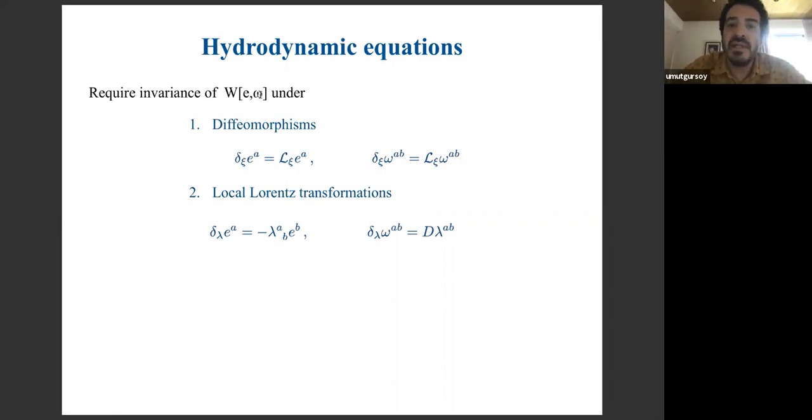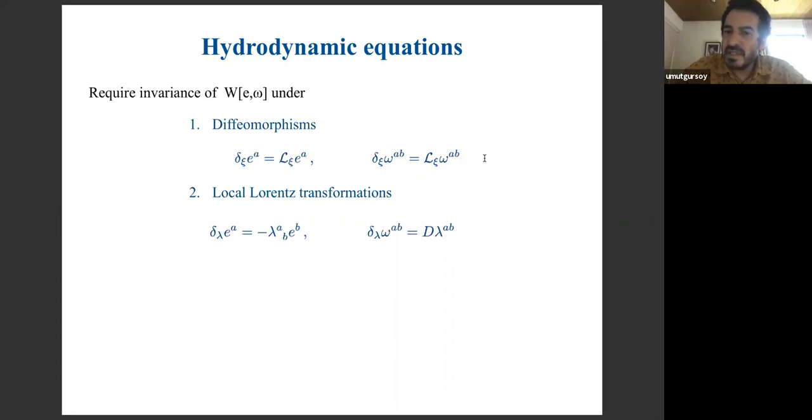We have to require that this effective action is invariant under diffeomorphisms and local Lorentz transformations. This means essentially that the sources are invariant under diffeomorphisms and the local Lorentz transformations, assuming, of course, that the path integral doesn't violate these 2. I'm just making an assumption here: there's no anomaly in these symmetries. In that case, this is completely equivalent to the invariance of the sources.